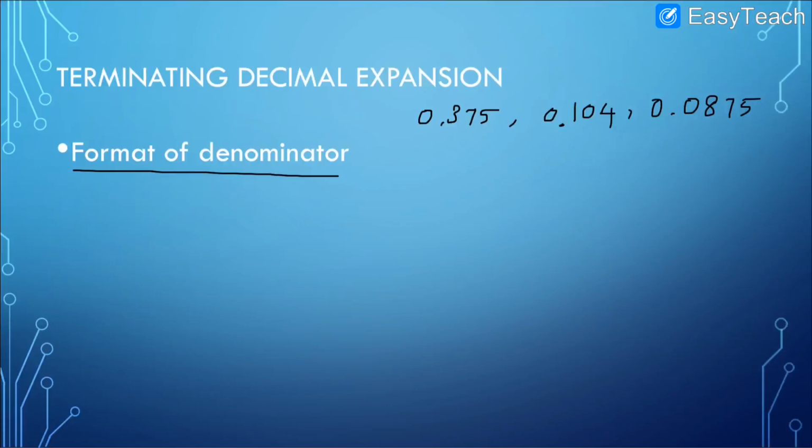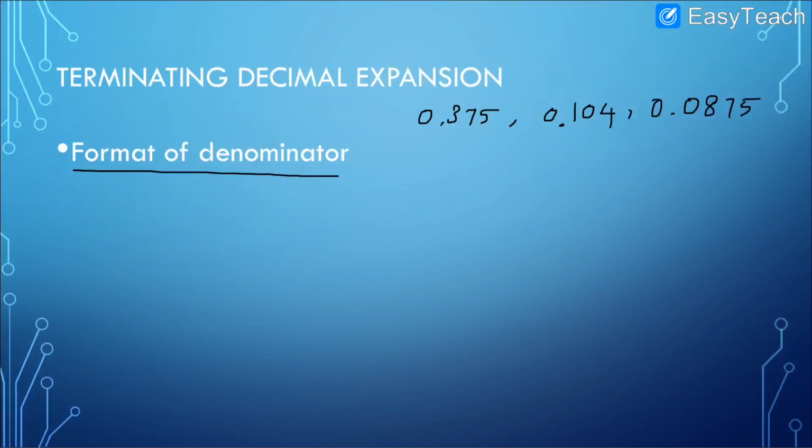Once we know the format of the denominator, we are able to tell whether the given rational number has a terminating or non-terminating decimal expansion without doing long division. It sounds a little bit hard, but let me explain further.